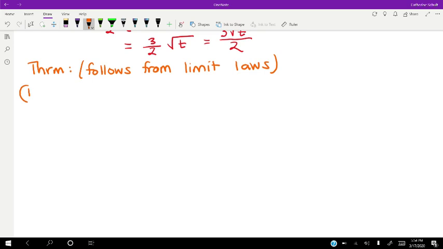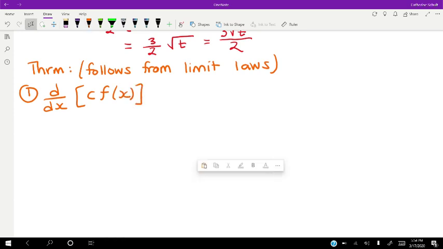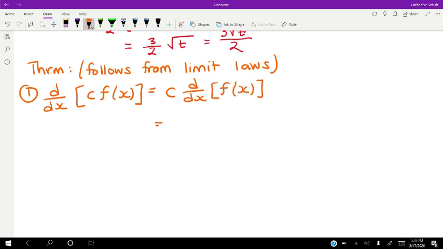Okay, the first one is if we take the derivative of a constant times a function, we can just pull that constant out and then focus on the derivative of just the function. Okay, remember you can write it using Leibniz notation, or you can use prime notation too.